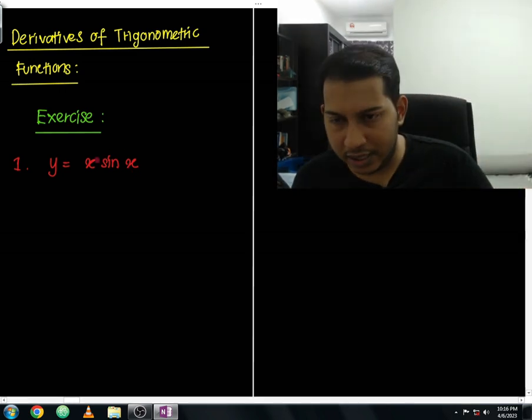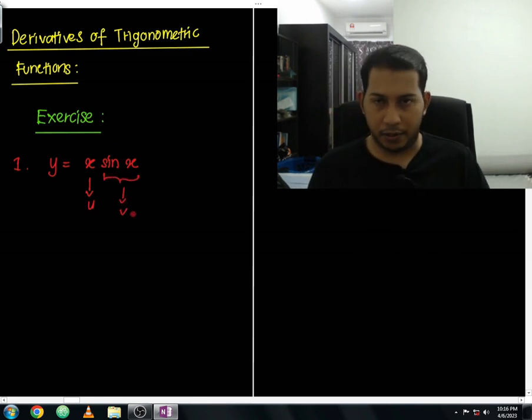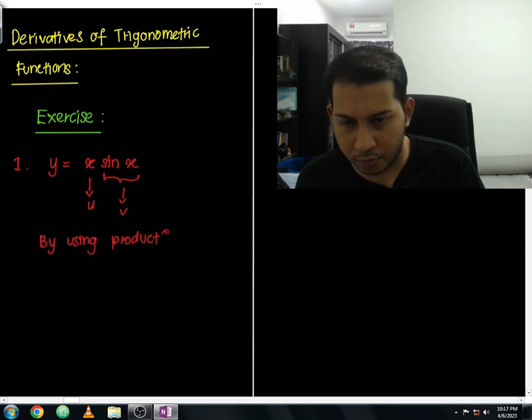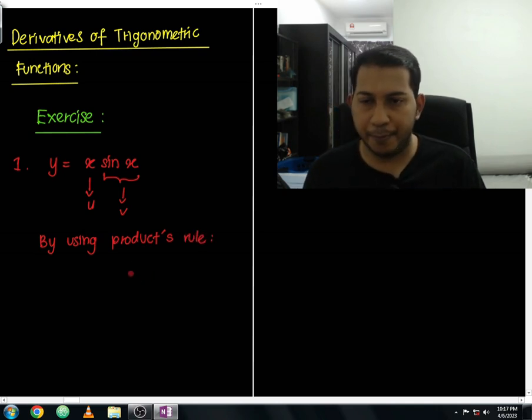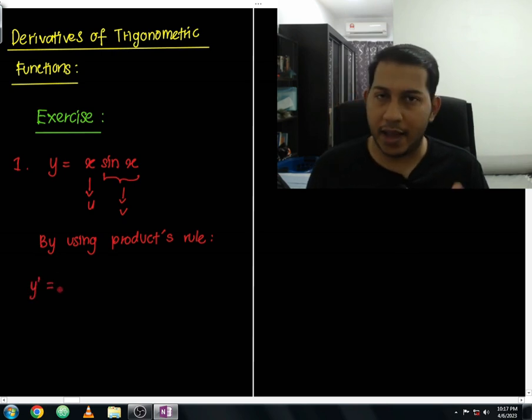So this x we're going to treat as u. This whole thing sine x we're going to treat as v. So by using the product rule, the derivative of this function will be y prime, but if you wish to write dy over dx also can.